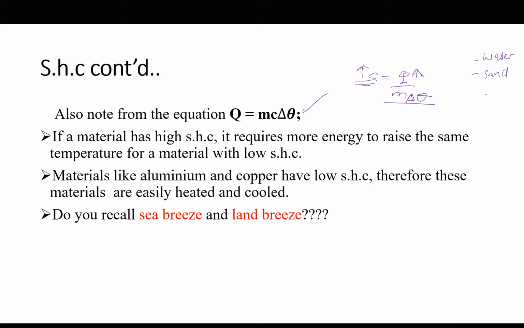If we were to cause the temperature of water or the temperature of the sand to increase by just 2 degrees Celsius each, we shall notice that we may require more energy to raise the temperature of water by 2 degrees Celsius as compared to raising the temperature of sand by 2 degrees Celsius. What does that imply? Water has high specific heat capacity compared to sand.